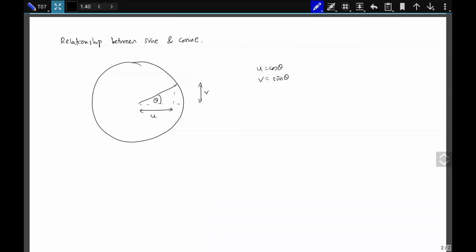And now let's rotate this by 90 degrees. I rotate everything by 90 degrees. What I get is this new angle, theta plus pi by 2. And you see that the coordinate functions of this new angle give this height of u up the way and minus v along the way.